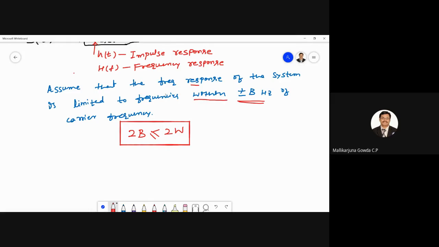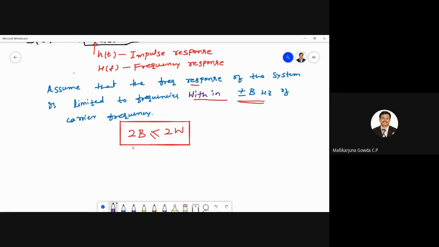I am saying the frequency response of the system is limited to frequencies within plus or minus b hertz. Let me rewrite: within plus or minus b hertz.